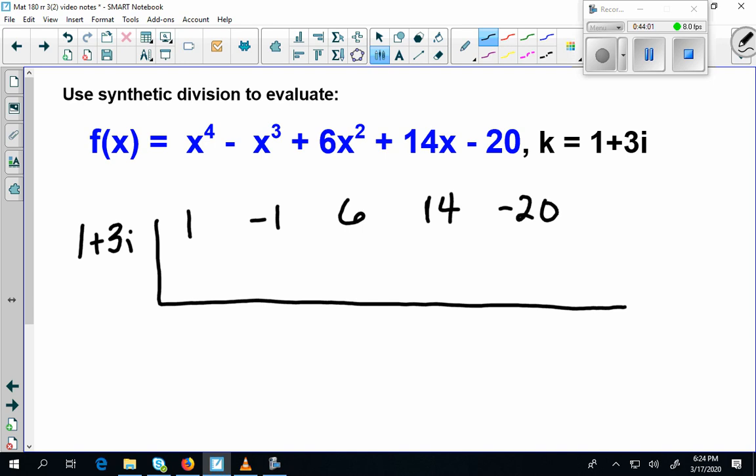So 1 comes straight down. Then I multiply 1 plus 3i. I'm left with 3i here. When I do that multiplication, I will end up with negative 9 plus 3i. 6 plus negative 9 is negative 3. Remember that you have to FOIL that out.